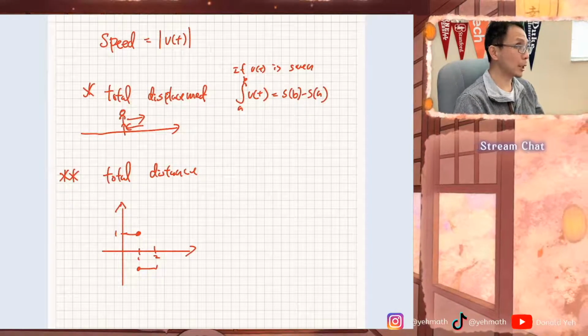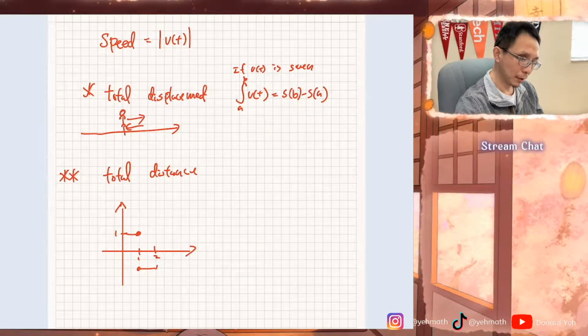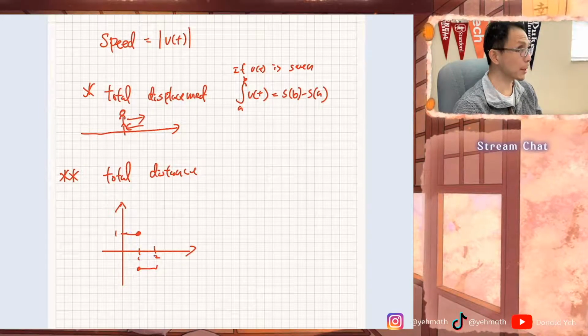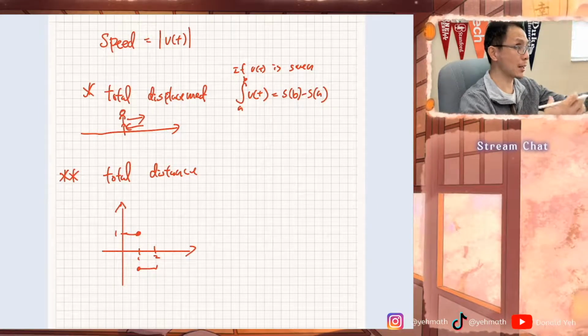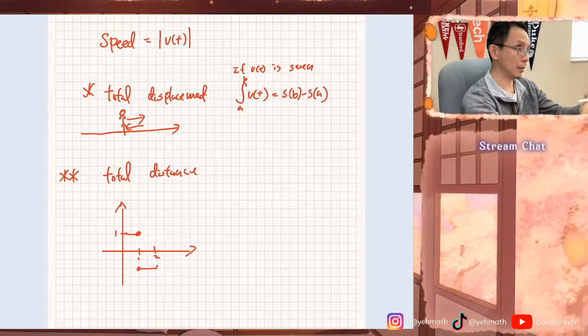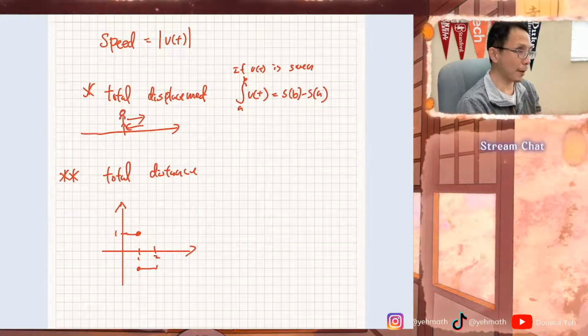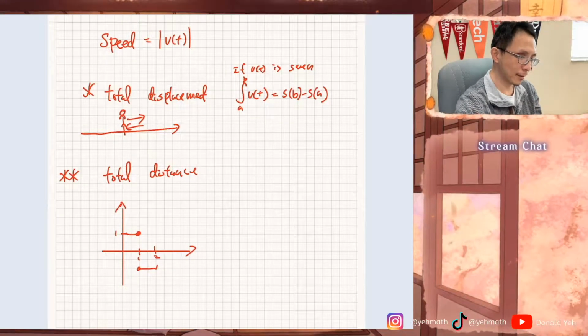Now, if I do total displacement, what happened? Positive area and negative area cancel out, right? So that's equal to 0. Now, how do I find total distance?